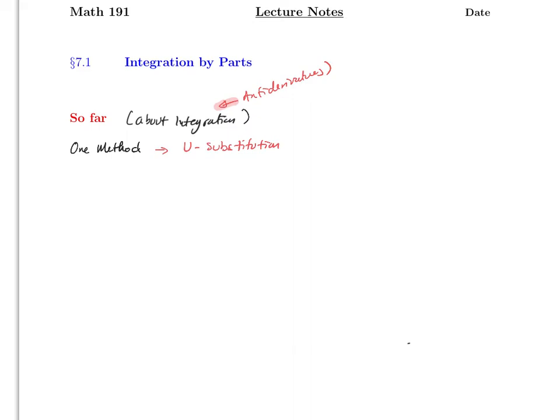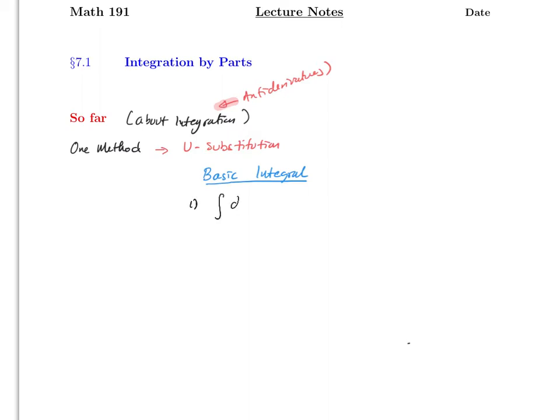Now, from the U substitution, I told you on the first day of class, we get something called basic integrals, which everybody should memorize, and they're going to make your life pretty useful. These are all based on the U substitution, and the basic integrals are the following.